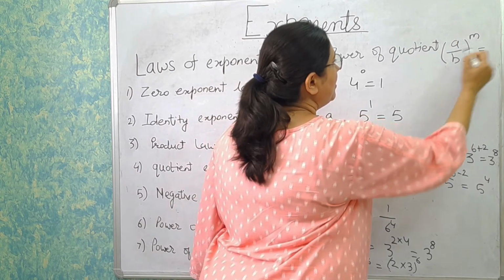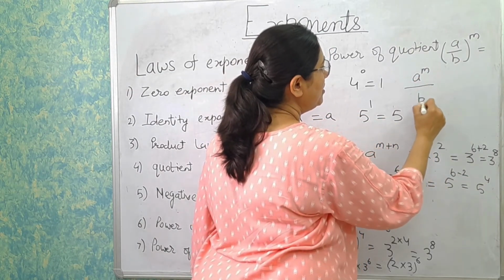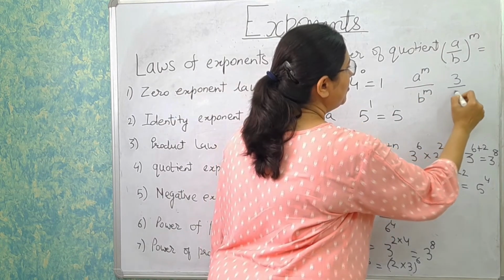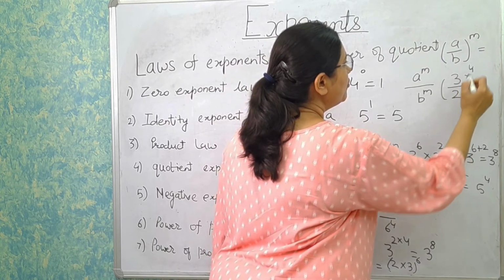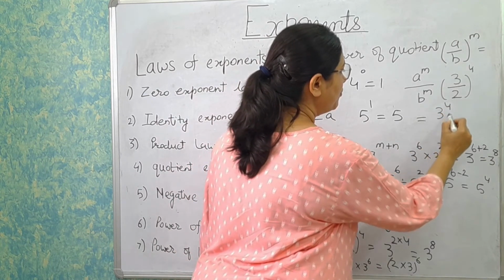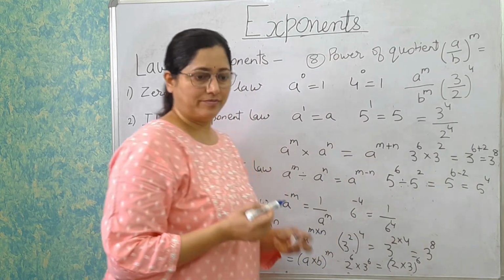So I can write it as a raised to the power m divided by b raised to the power m. For example, 3 upon 2 bracket close and power is 4. So I can write it as 3 raised to the power 4 divided by 2 raised to the power 4.